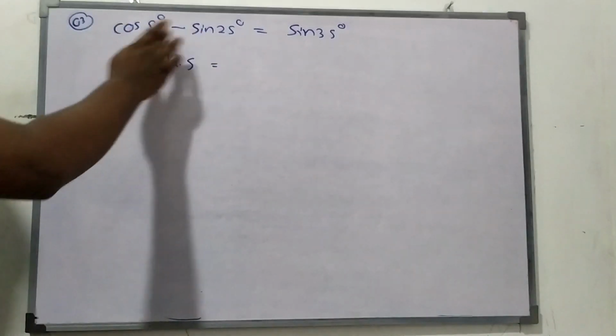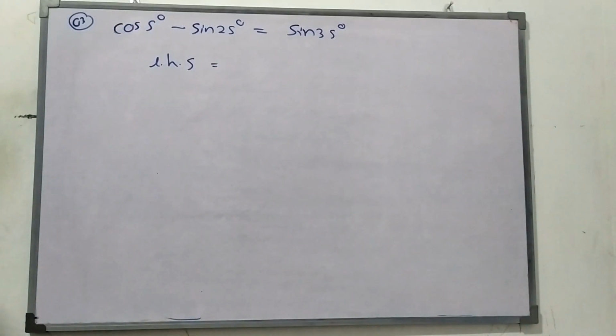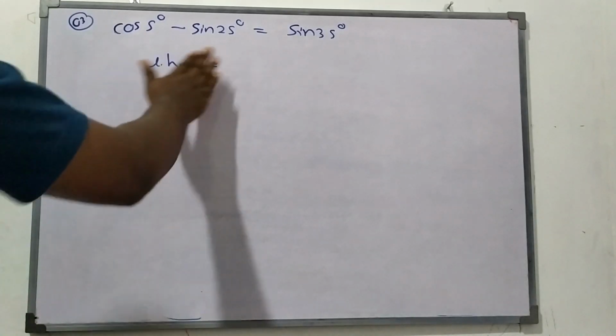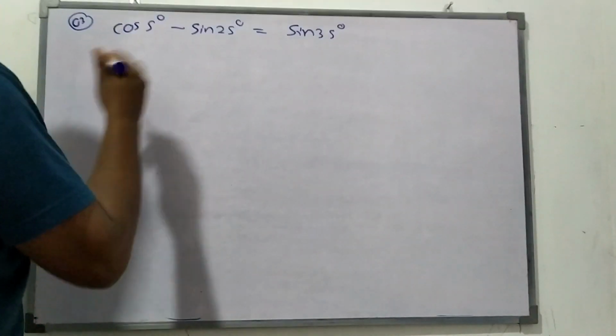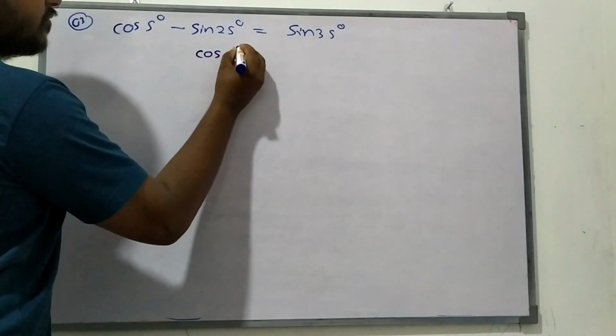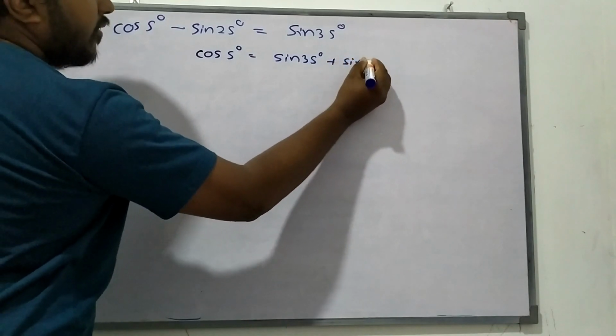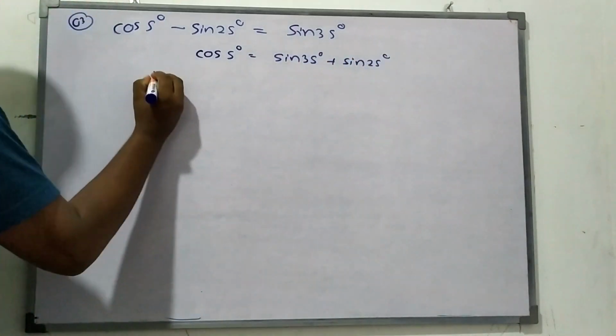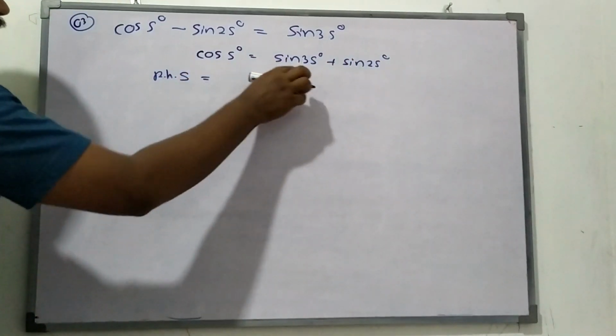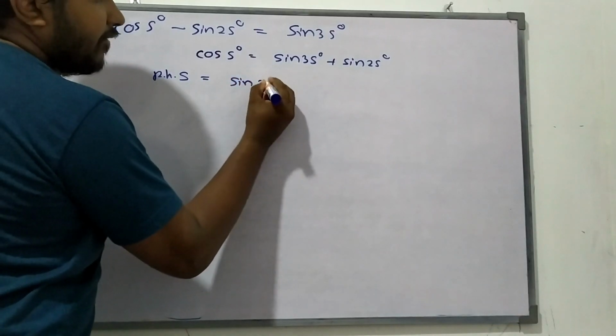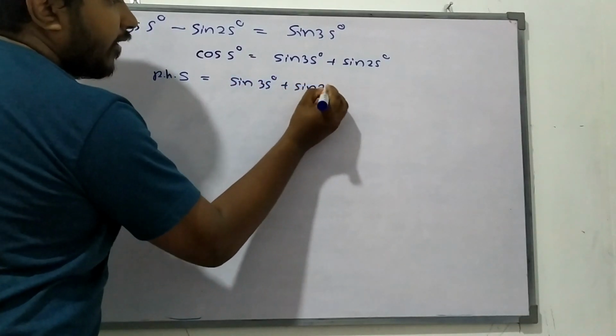So these are two different ratios, right? So what are we going to do now? Before starting the left hand side, I'm just shifting, so cos 5 equals sin 35 plus sin 25, right? So now I'm taking the right hand side. It's sin 35 plus sin 25.